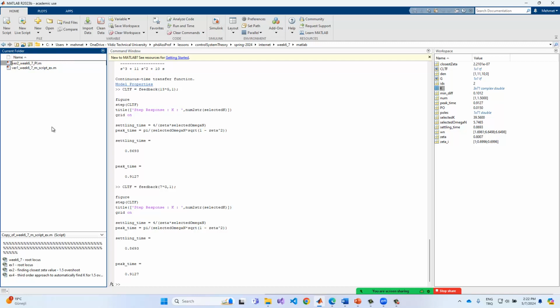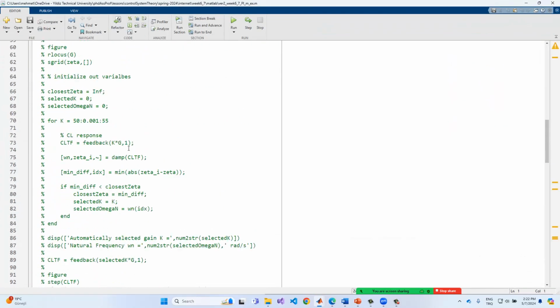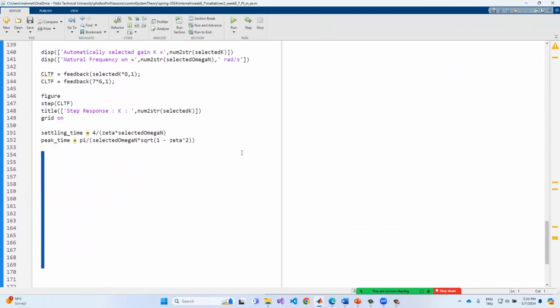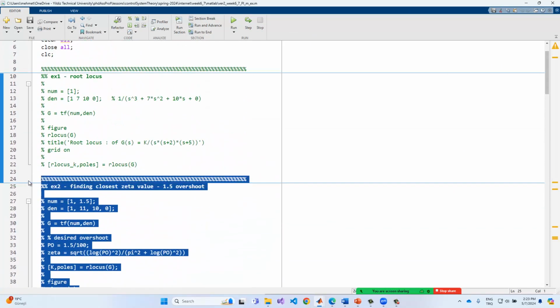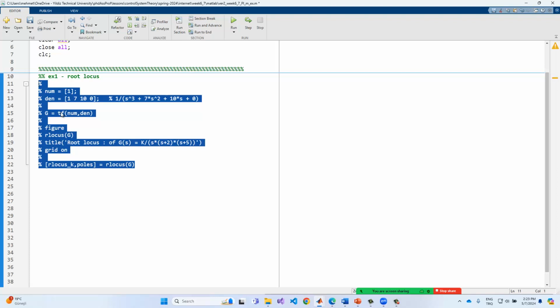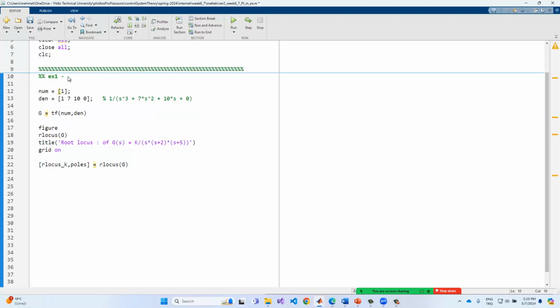Okay, M script, and then you can delete the terms just like this one, and so the PI controller design.